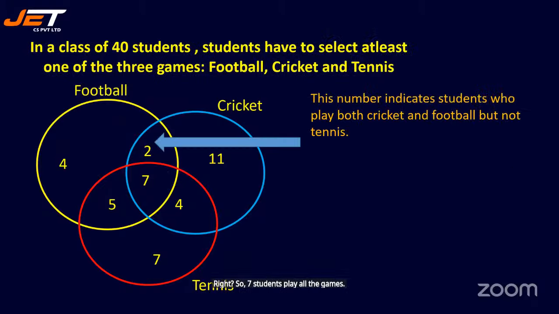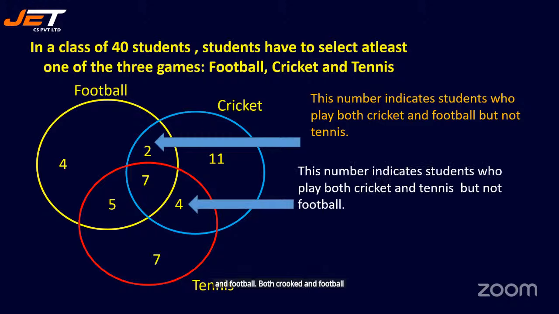Right. Now see the next number. This number indicates students who play both cricket and football. Okay. So this 2 indicates students who play both cricket and football, but not tennis.